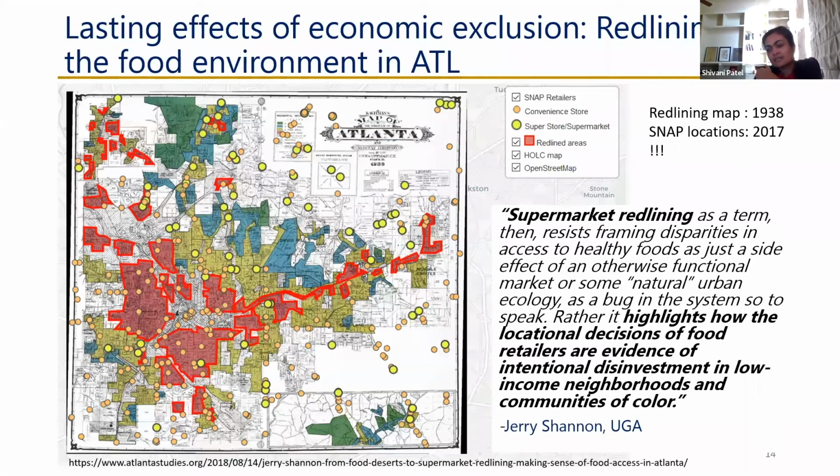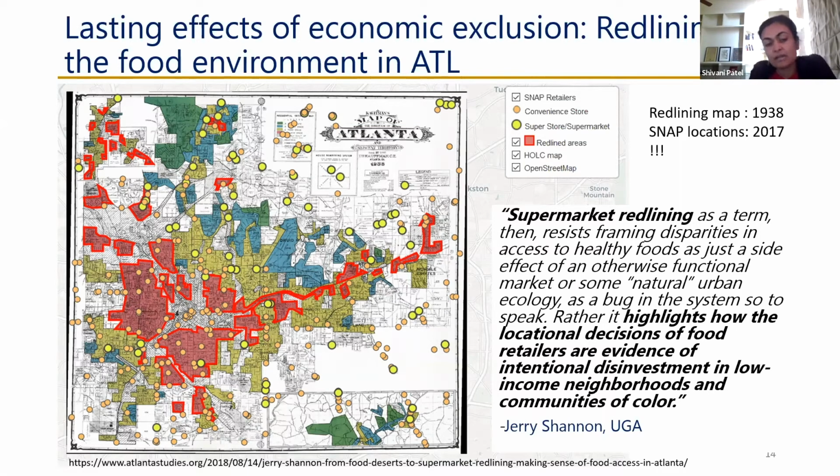This is a map that I think is just fascinating, and it comes from 1938. It's a map of Atlanta that shows redlined areas. Basically, these redlined areas were ones where there were lending practices designed to exclude people from loans that were deemed to be high risk.